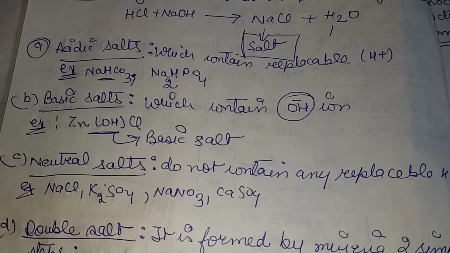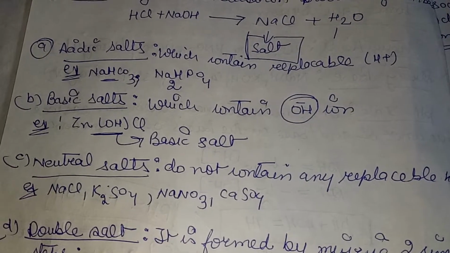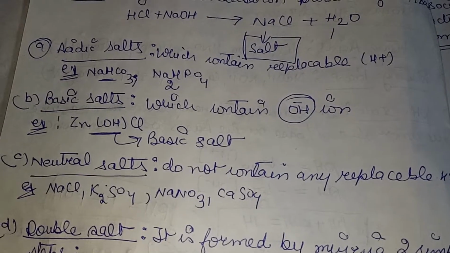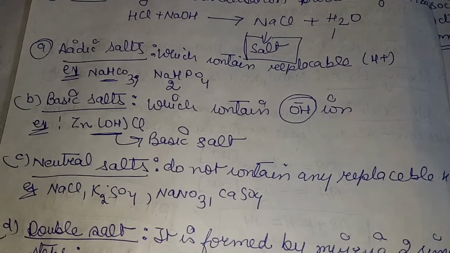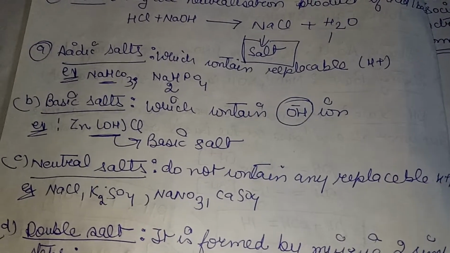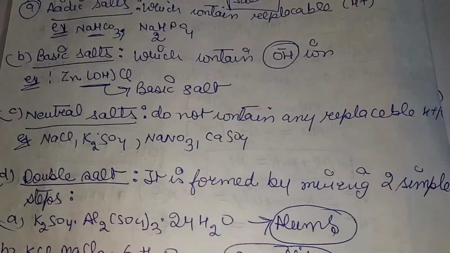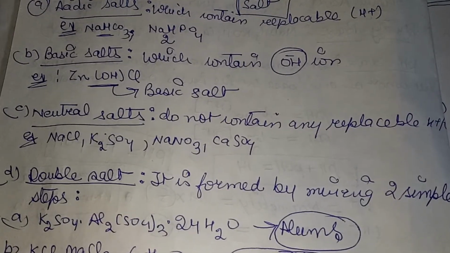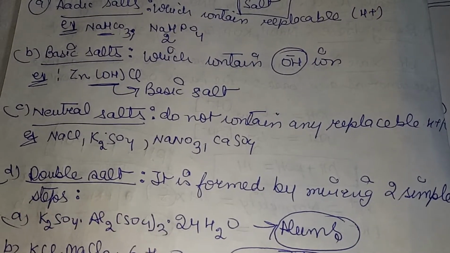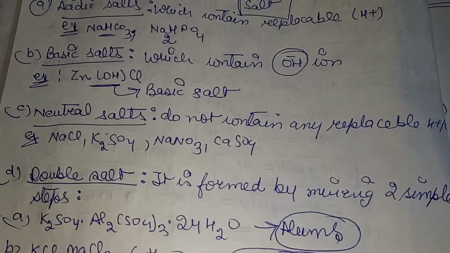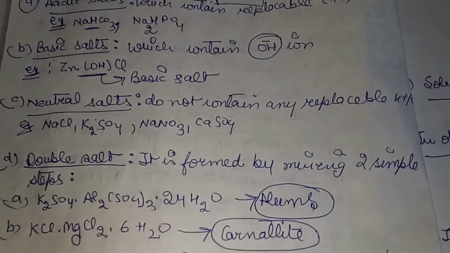In Na2HPO4, the H ion is replaceable, so it is an example of acidic salt. Now what are basic salts? Those which contain replaceable OH ion are termed as basic salt. ZnOHCl and some other examples are also there.